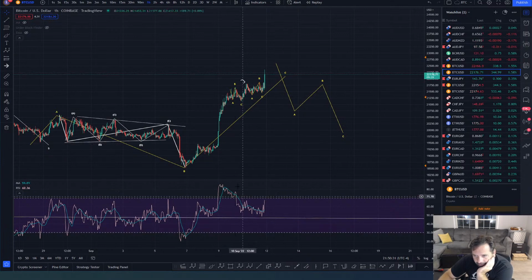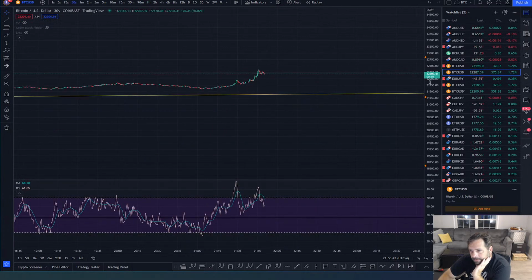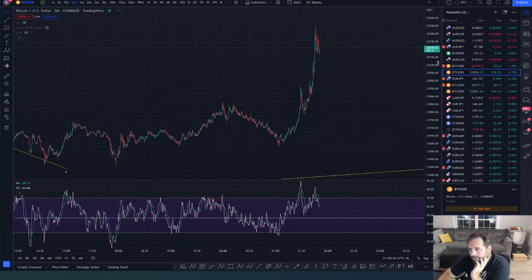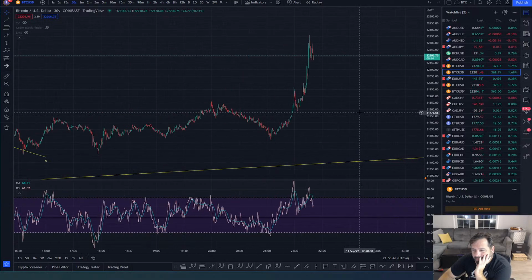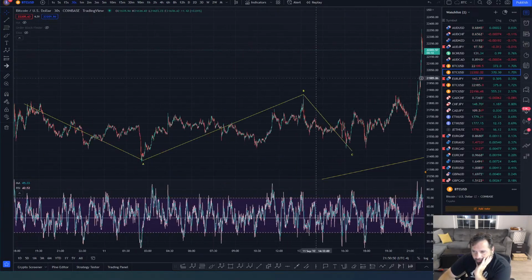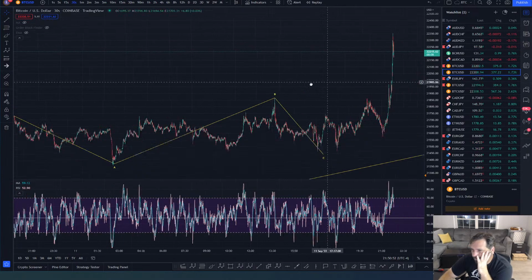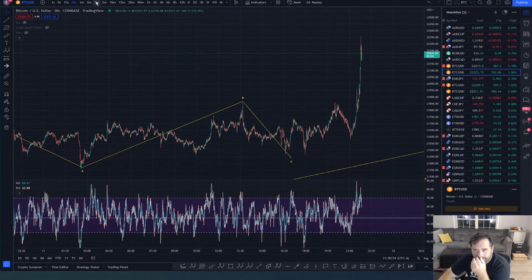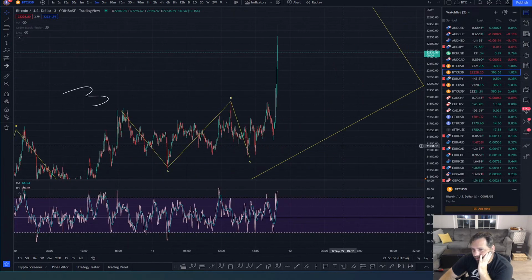It's not ready yet. I haven't seen a clear fourth wave, to be honest with you. I'd love to see a wave 4. But I guess this could be a wave 4. But price action sucked. Hated it.